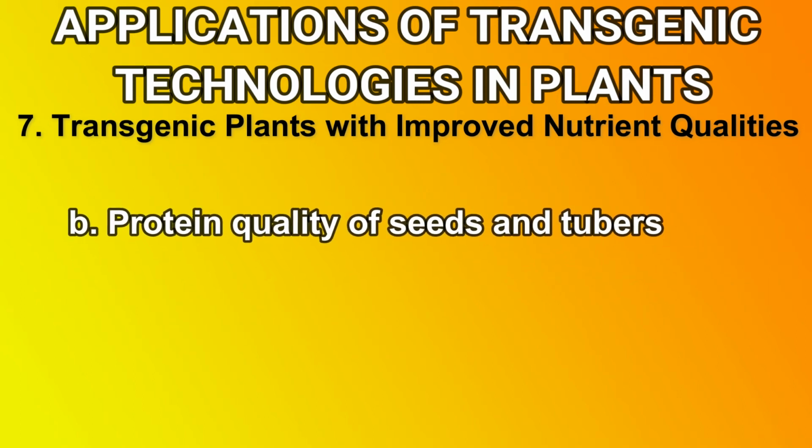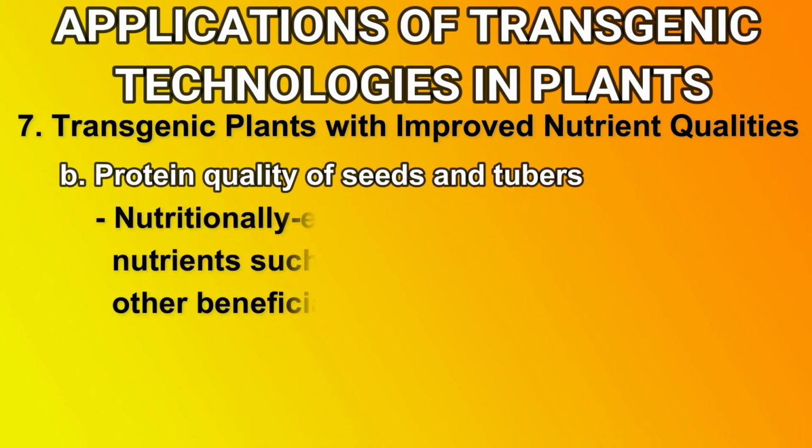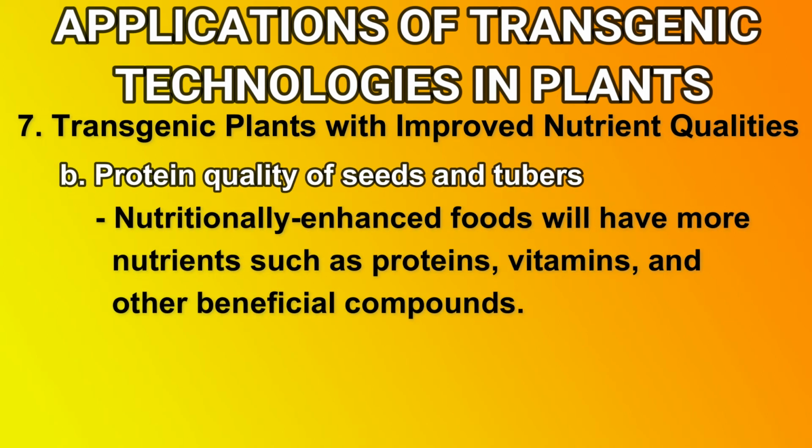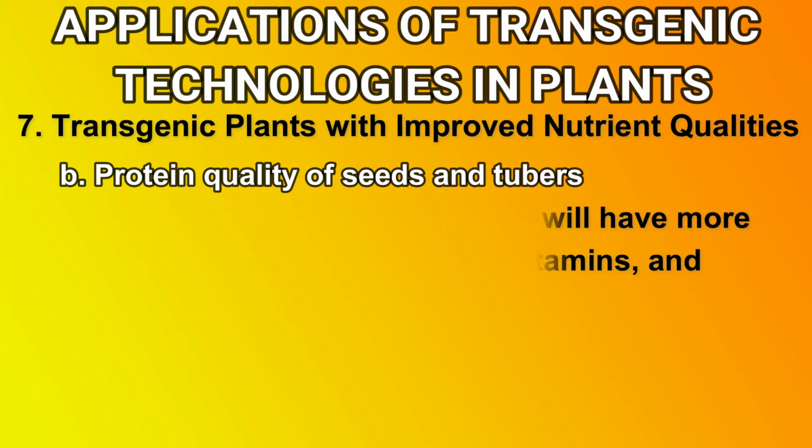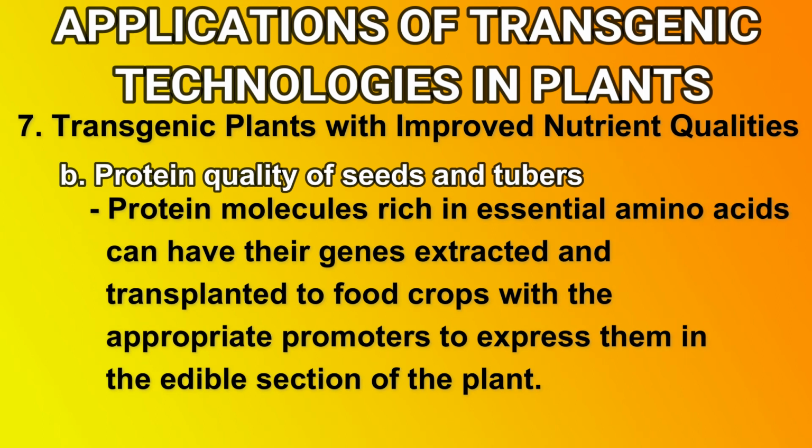Protein quality of seeds and tubers. Nutritionally enhanced food will have more nutrients such as proteins, vitamins, and other beneficial compounds. Protein molecules rich in essential amino acids can have their genes extracted and transplanted to food crops with appropriate promoters to express them in the edible section of the plant.